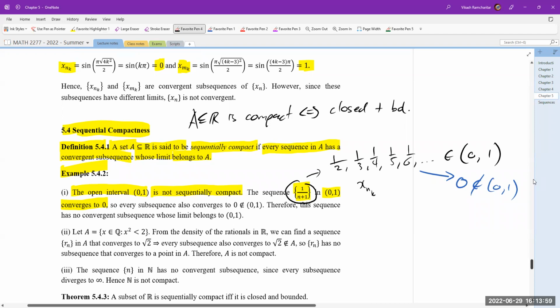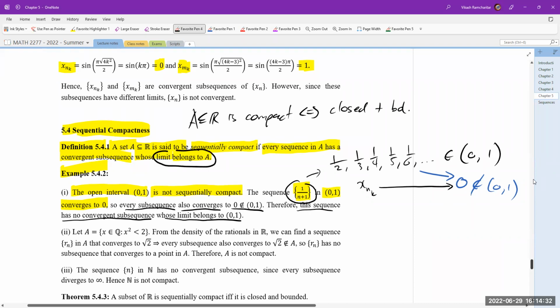So if x_nk is any subsequence, it must also converge to 0. So we have found a sequence in the set such that every subsequence also converges to a point not in the set. Therefore, this sequence has no convergent subsequence whose limit belongs to the set. The key part is this.